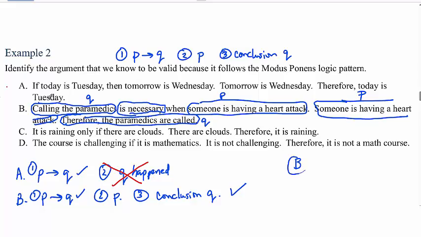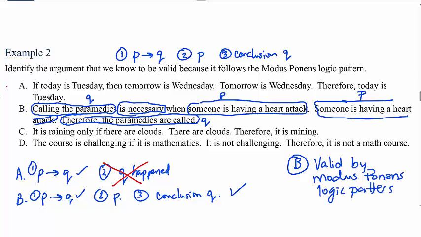So B would be valid, first of all, by the modus ponens logic pattern. If you notice that it follows if P then Q, P happens, therefore Q happens, then you know you have the modus ponens logic pattern.